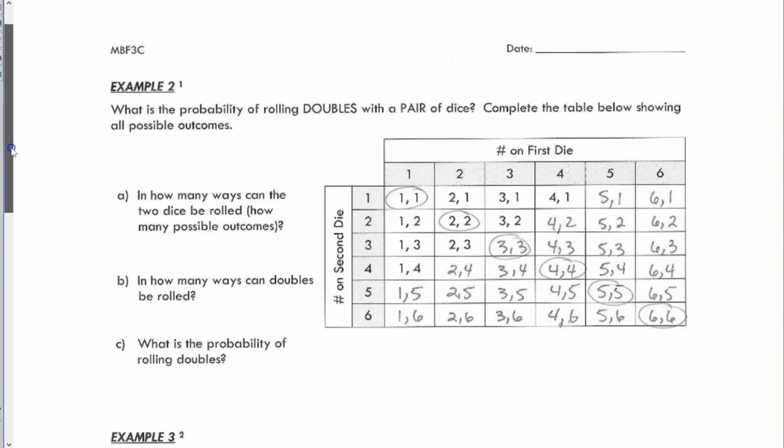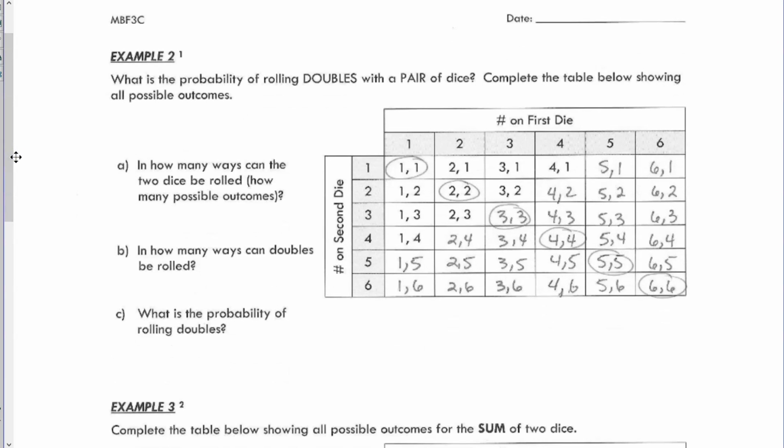This next one, we're talking about dice, okay, so the probability of rolling doubles with a pair of dice. So along the top of this table, I've got the number on the first die, 1 to 6, and then the number on the second die, 1 to 6 as well. And I've circled all the times you get doubles, right? When 2 1s happen, 2 2s, 3s, 4s, 5s, and 6s.